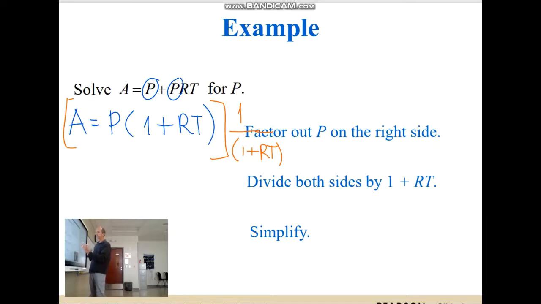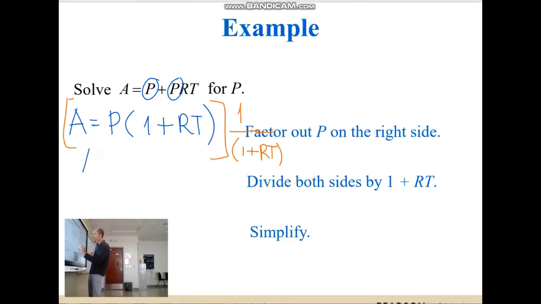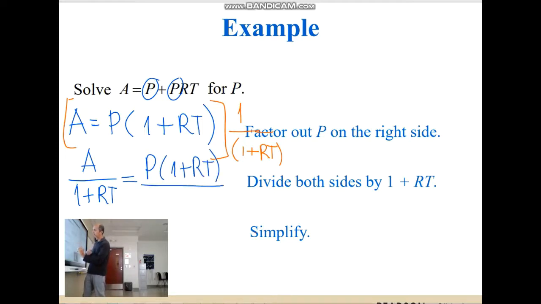So we have on the left hand side A over 1 plus RT, and on the other side this equals P times 1 plus RT, and the denominator again 1 plus RT, that we will be able to simplify.